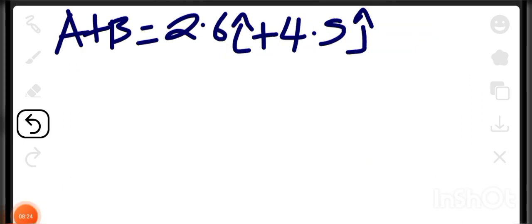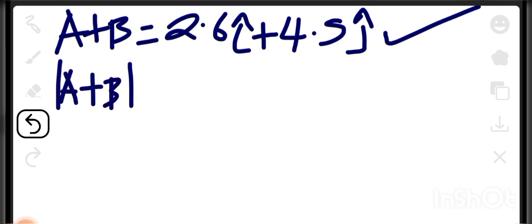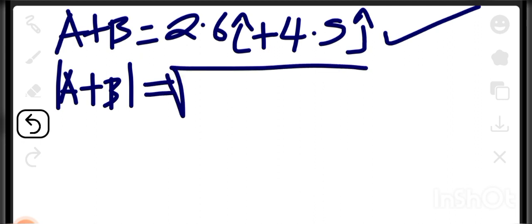So to move this answer to polar form, the first thing we're going to do is get the magnitude of a plus b and the direction. Let's not forget the magnitude. Remember, magnitude means ax squared. What is ax? ax means the coefficient of i. That's 2.6, you square it.